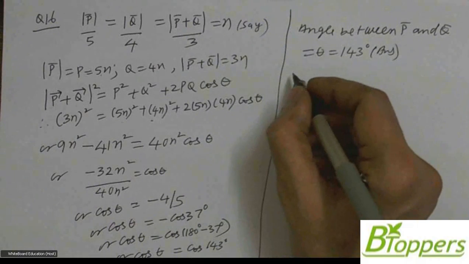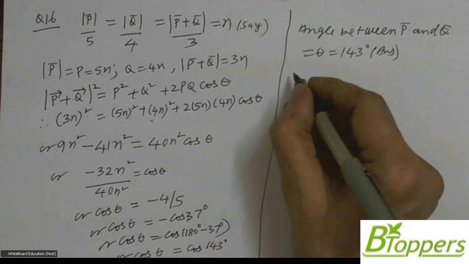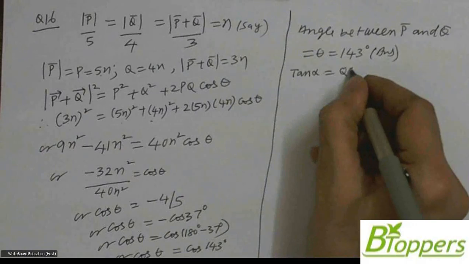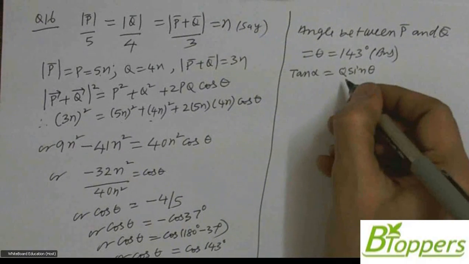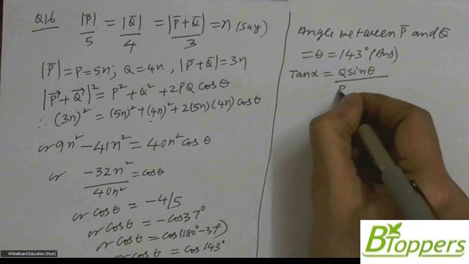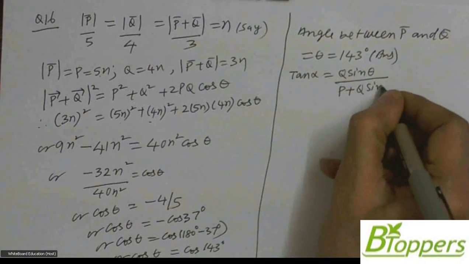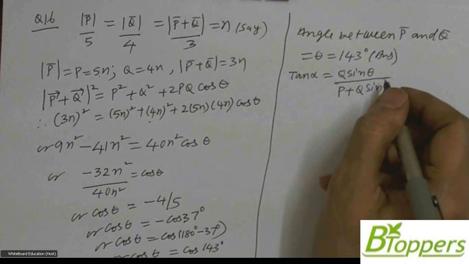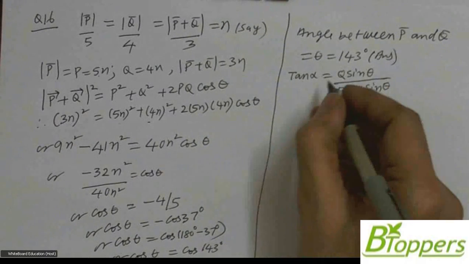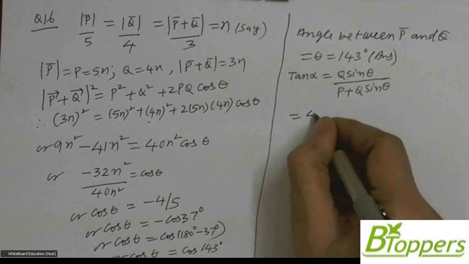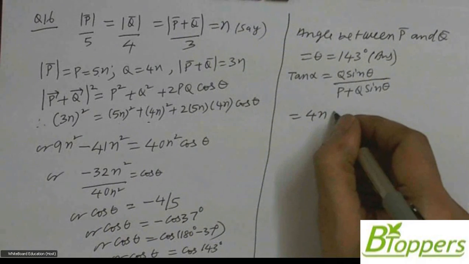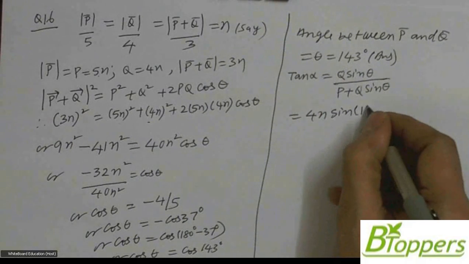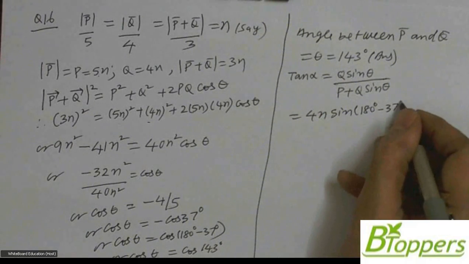Then next, we use the equation for direction of the resultant. If alpha is the angle made by the resultant of the two vectors P bar and Q bar with the first vector P bar, then tan alpha equal to Q sin theta by P plus Q cos theta. So here Q equal to 4n and theta is equal to 143 degrees, which you can write as 180 minus 37 degrees.